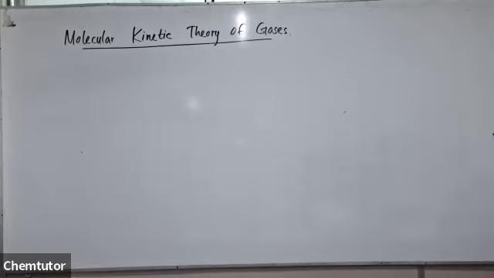So that is the first. Is it clear? So the first one is that gases are composed of widely separated large number of small particles called atoms and molecules.